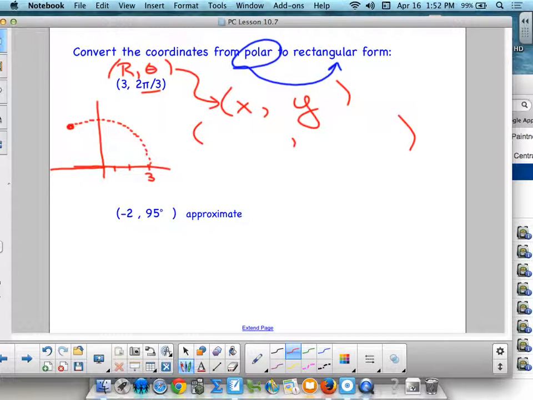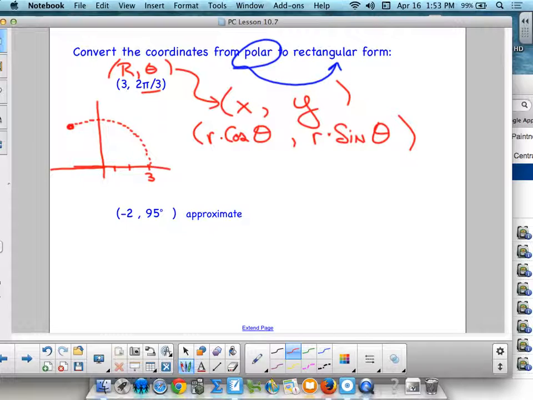Can't you use like the special right triangle? You will, but I want you to tell me the formula. What's the formula? x equals r times cosine of theta. This one's r times sine of theta. Are you with me?